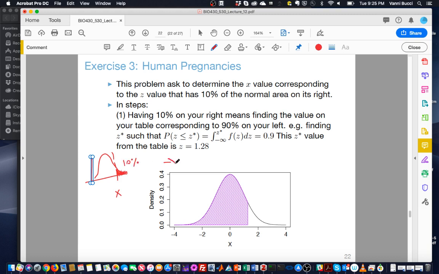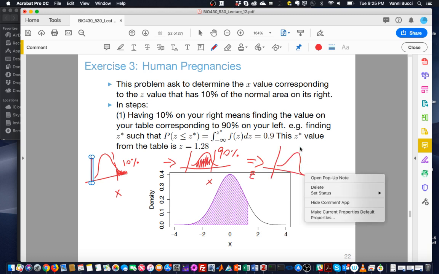This is equal to what? It is equal to the value of x that has on its left 90%, which is equal to the value of z that has on its left, so this is 50%, 40% from your table.